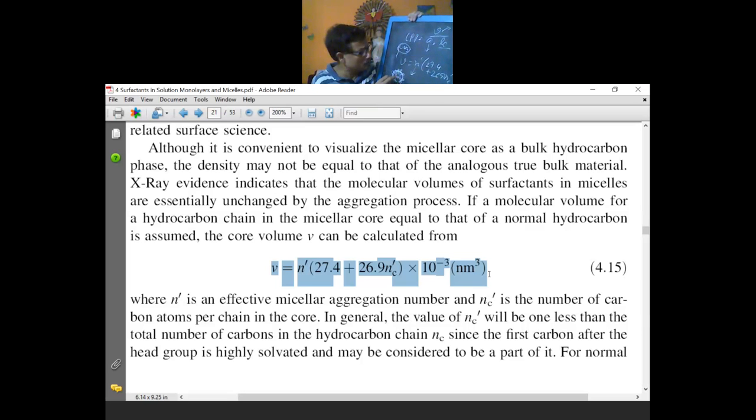So if I know the core volume, and I divide it by the aggregation number, the volume of one hydrocarbon moiety can easily be calculated. Clear? I repeat it again.